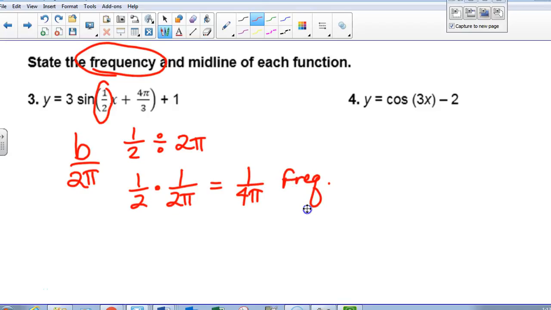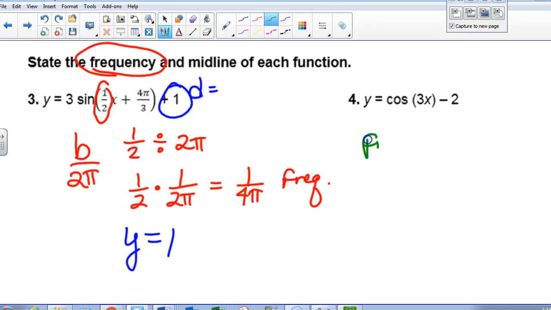Where's the midline? That's easy. The midline is at y equals, what's the vertical shift? 1. This is D, which is the midline. All right, who's got this one? This one's easy.